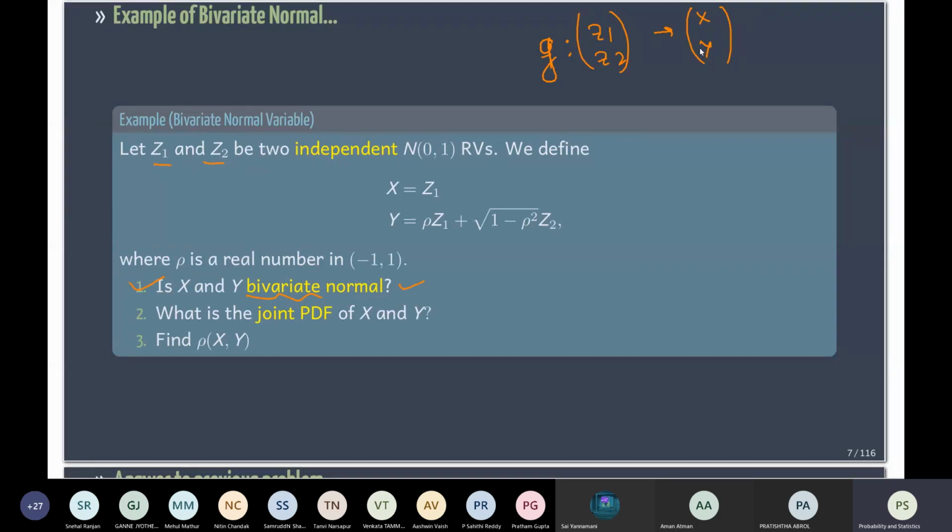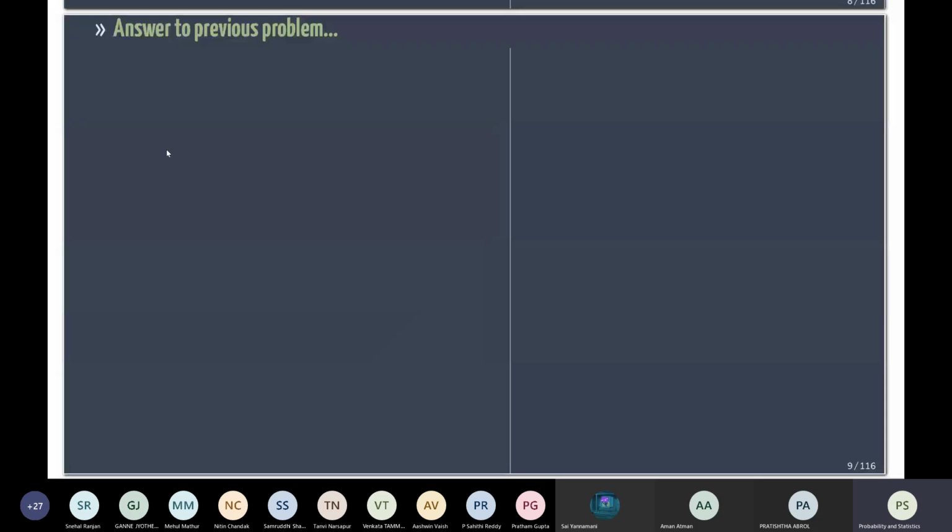What we need is the inverse of G. In other words, we need to solve for Z1 and Z2. It's a linear relationship, so it's easy to solve. Once we have that, we will use the method of transformation formula. So let us go with this idea.